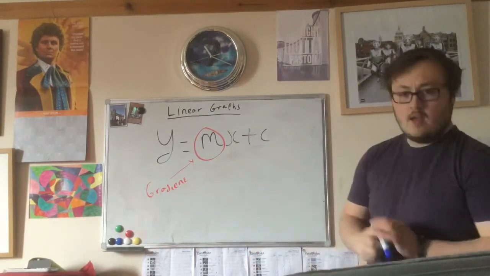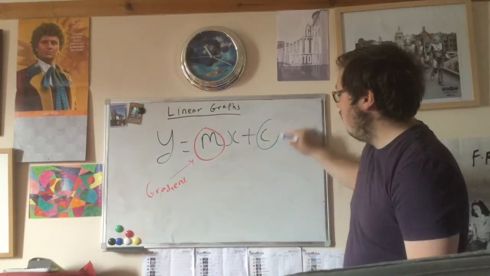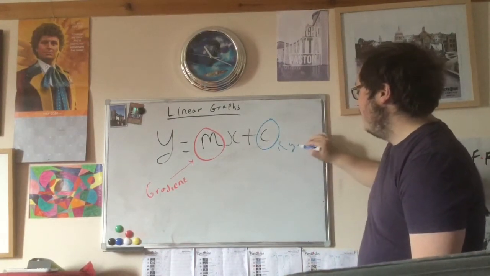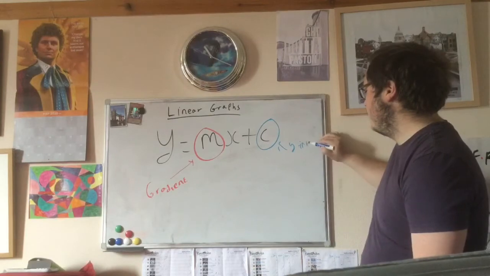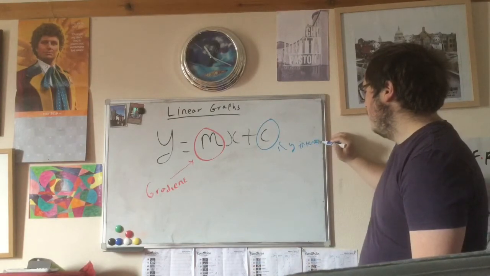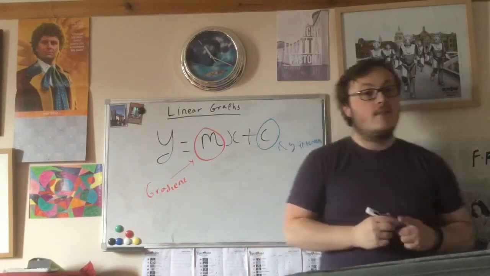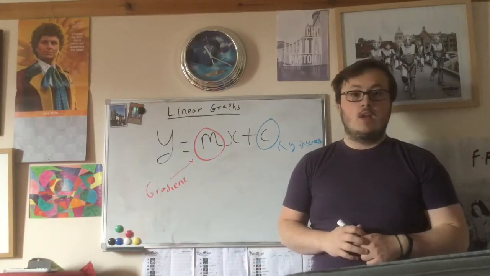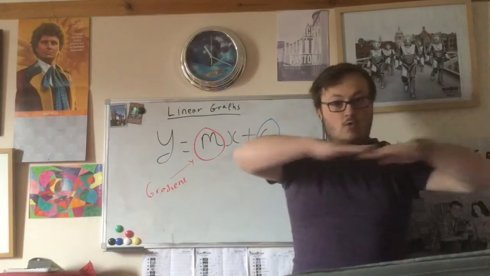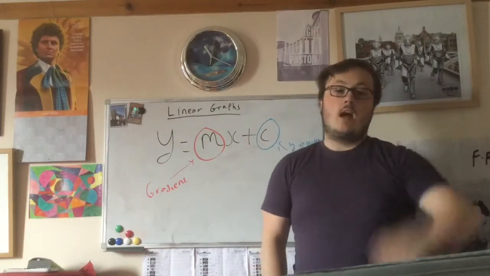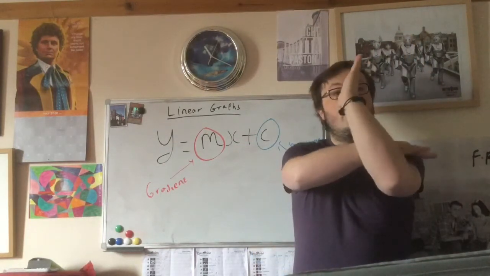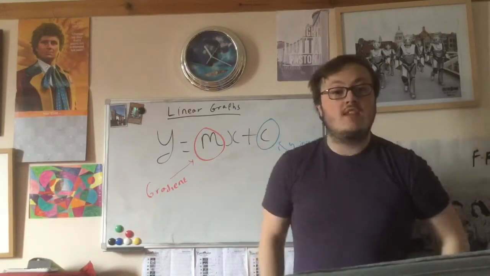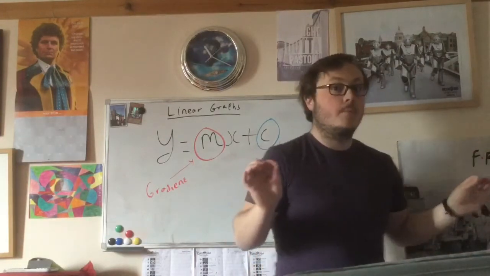Now the c represents the y-intercept. The y-intercept is where the line passes through the y-axis. So remember, the x-axis is along the corridor, the y-axis is up the stairs, and the y-intercept is where on those stairs the line will go through.